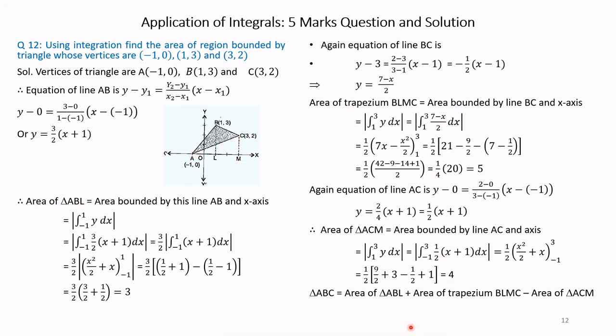First we calculate the area of triangle ABL, then the area of trapezium, and subtract the area of triangle ACM. All these values we have got in the previous equations. The area of ABL is 3, and the area of trapezium is 5, minus 4. That is equal to 4 square units. That is the answer.